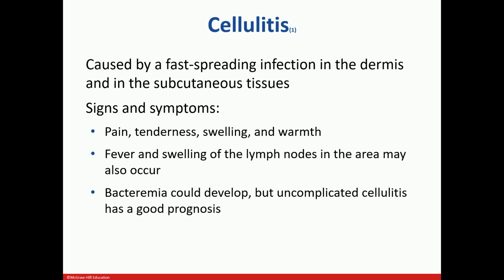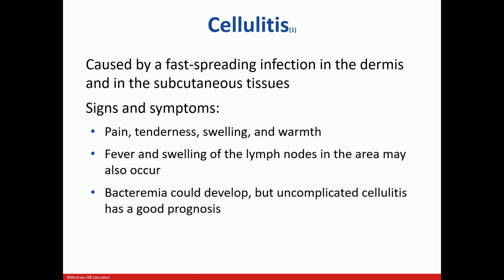And in this disease, bacteremia can also develop, which means a condition when there is a growth of bacteria in the blood. So cellulitis is a skin disease, but it can also lead to bacteremia. And it can also lead to fever and the swelling of the lymph nodes.